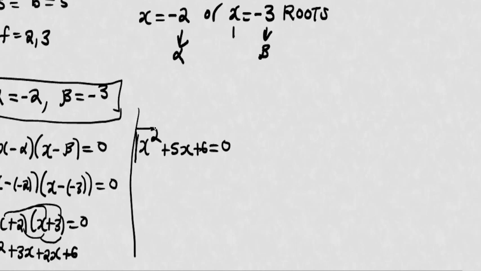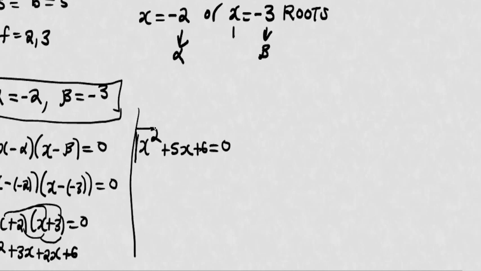Now let's compare what we found with what we had. This is x squared plus 5x plus 6. If we go back to the quadratic equation that we started with, we are going to discover that it is one and the same. Can you compare this one here with the one that we have just found? We have x squared plus 5x plus 6.